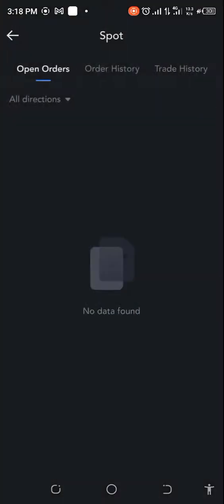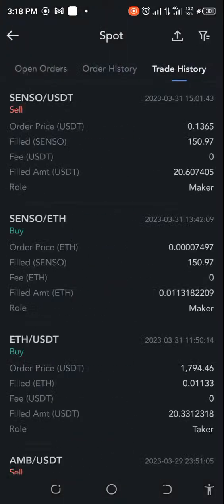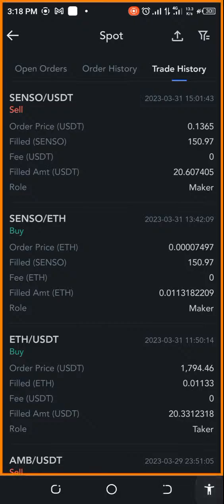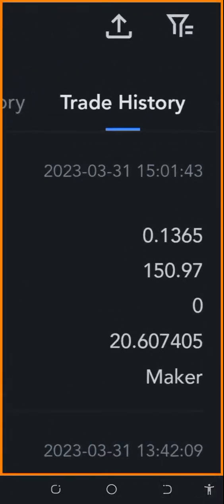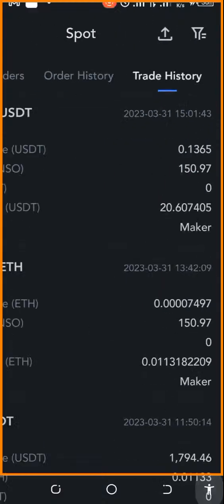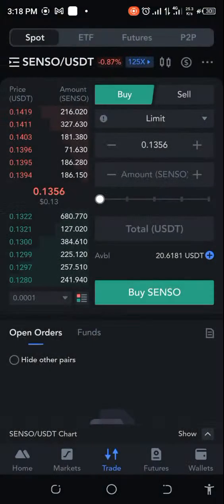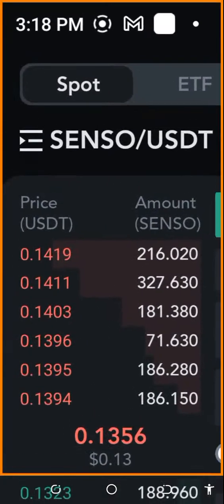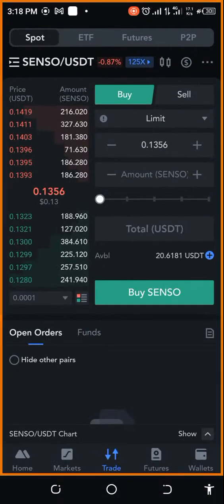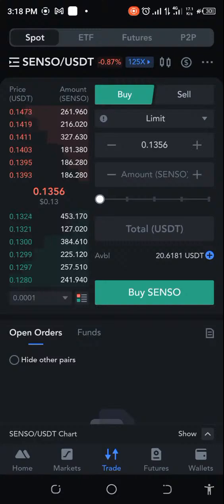If I take a good look at the trade history, when did we set that sell limit, and then within how long? It didn't take so long, I think just about maybe 30 minutes or 1 hour, and we're done.